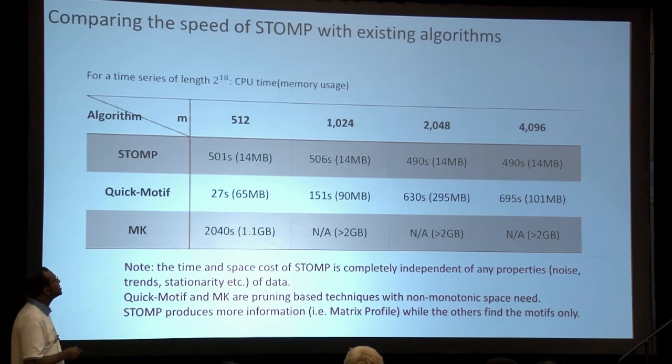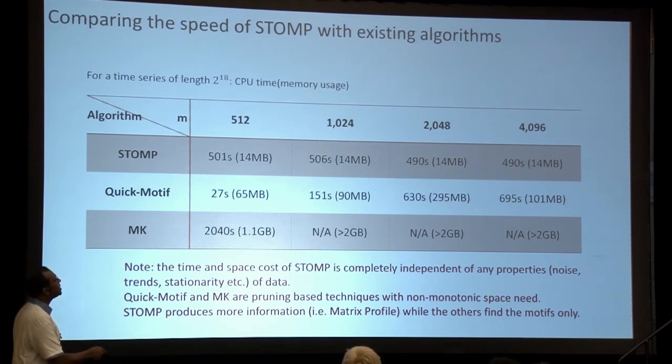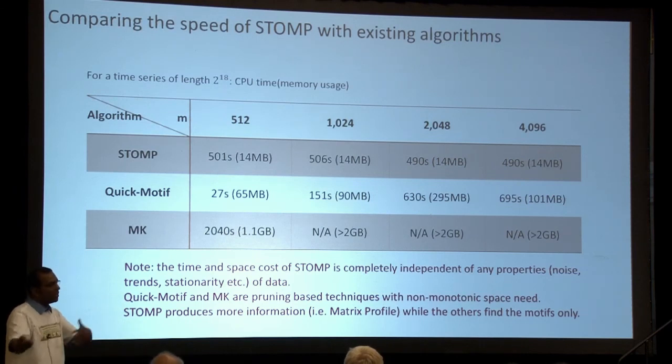And if you see the comparison, STOMP is independent of M. So as you vary M for the same n, which is 2 to the power 18, the space requirement is identical, timing is almost identical. While these algorithms are non-monotonic. Not only do they vary, they are non-monotonic. So for example, here, you doubled the M, you need less space. I don't know why. Actually, I know, because of the pruning.